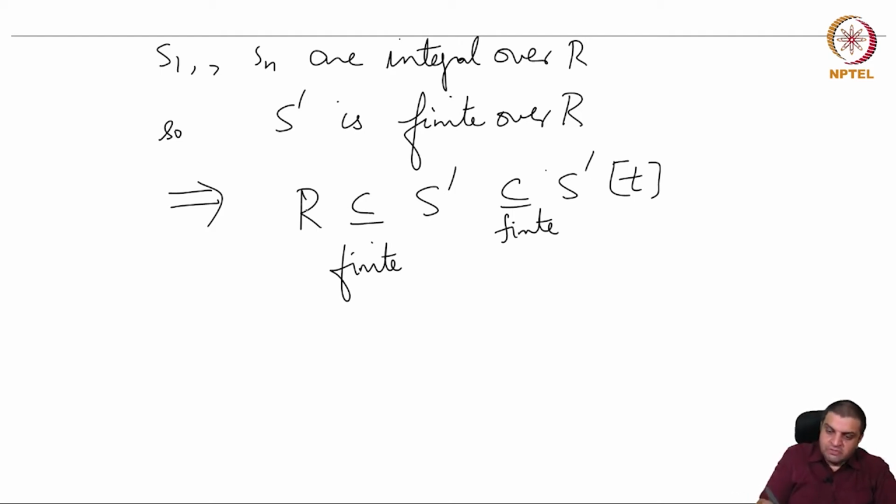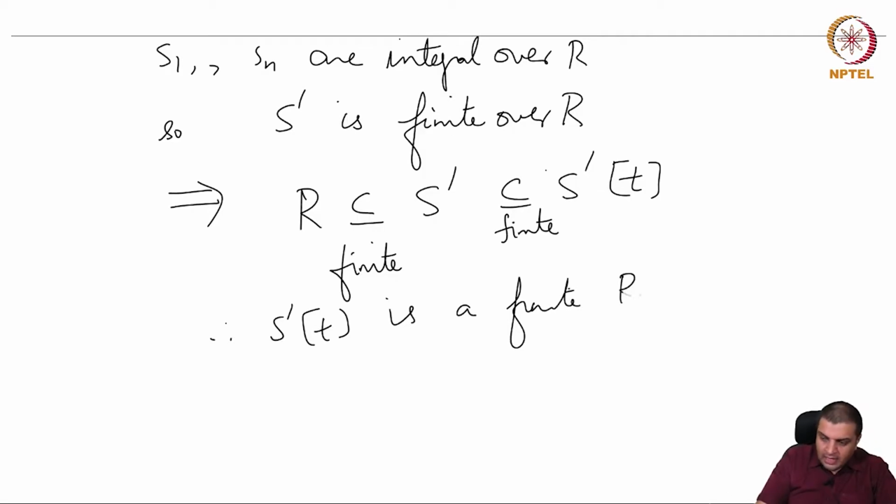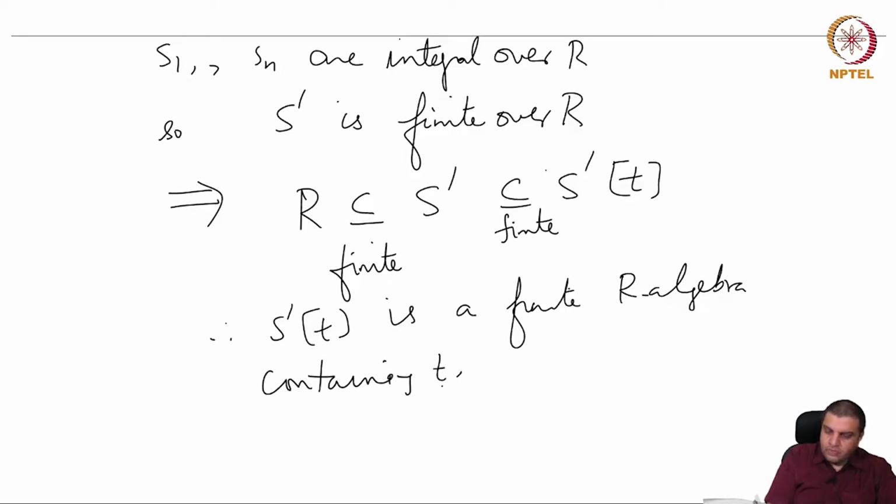So therefore S prime adjoint T is a finite R algebra containing T, which now implies that T is integral over R, again going back to the first proposition.